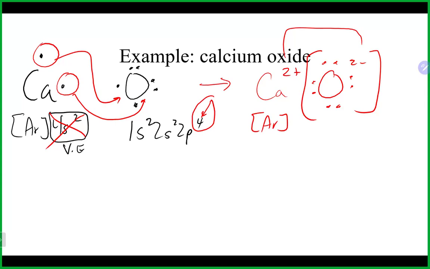It takes in those 2 electrons and ends up at 1s2, 2s2, 2p6. That is our 10 electrons, and it ends up at neon's configuration. So once again, in this particular case, both of these achieve noble gas configuration by transferring electrons from the metal to the nonmetal. Questions on that there?